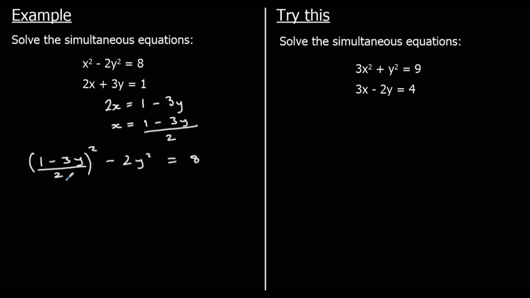So squared means multiplied by itself. So we're going to have 1 minus 3y over 2 times 1 minus 3y over 2 minus 2y squared equals 8.